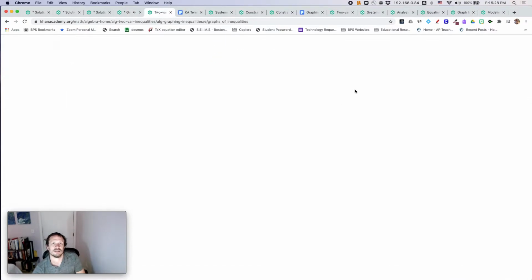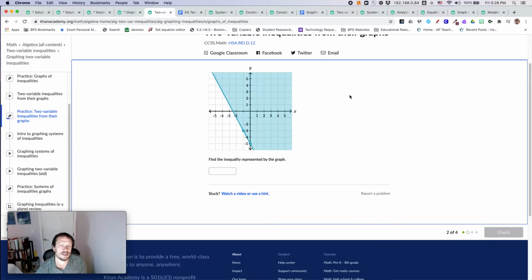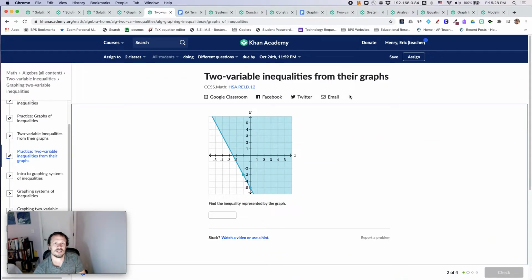The next exercise is two variable inequalities from their graph. Find the inequality represented by the graph. We have to actually write the inequality.